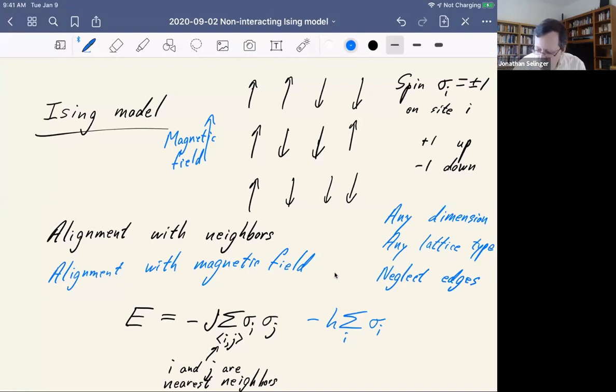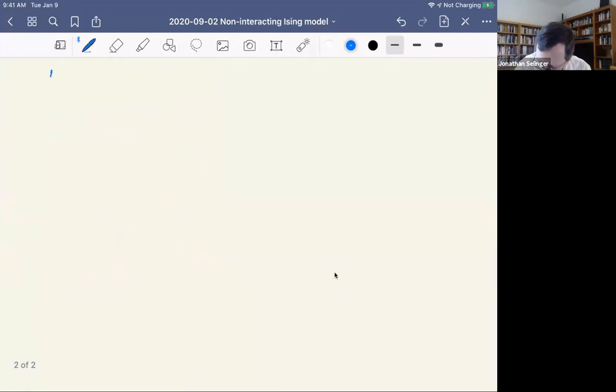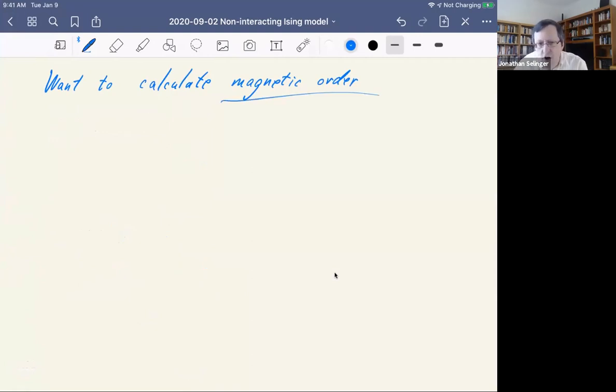Okay, so what we want to calculate is the magnetic order. That is, how well aligned are the spins? Okay, how well aligned are they, and in what direction are they aligned? Are they mostly pointing up, or are they mostly pointing down?